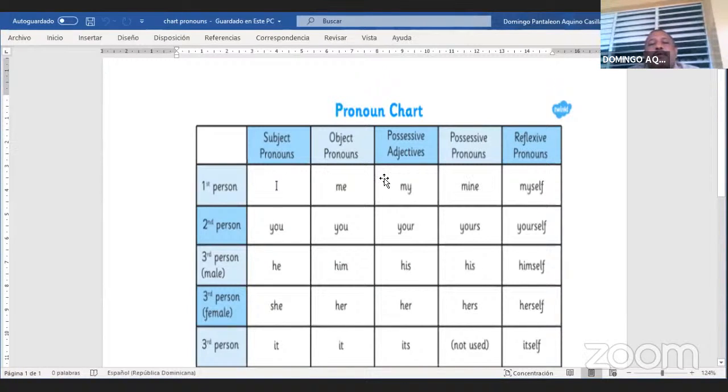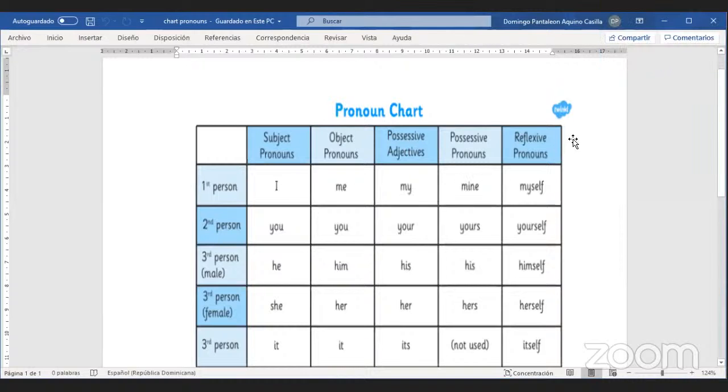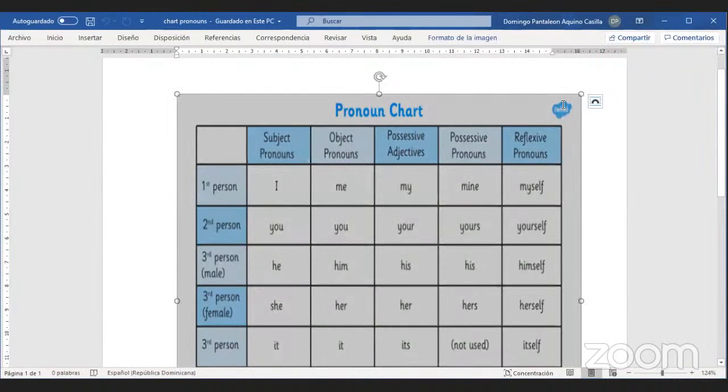Ahí tenemos los 5 tipos de pronombre. Pero digo, bueno, no son 5, realmente son 6. Porque aquí faltan los interrogative pronoun.